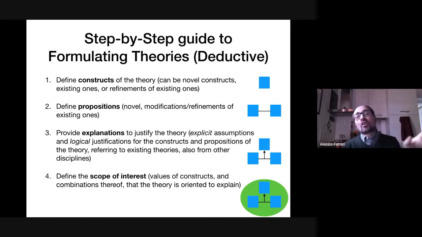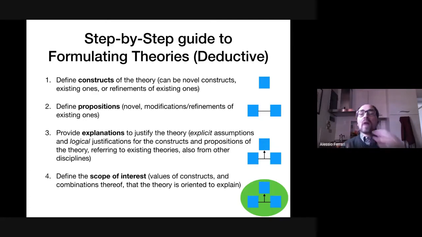So I take constructs from other theories, from other research, from other literature, and I refine them. For example, in the case of UML development methods, I may want to consider only one type of diagram, the class diagrams. To which extent do class diagrams, for example, help in improving documentation?